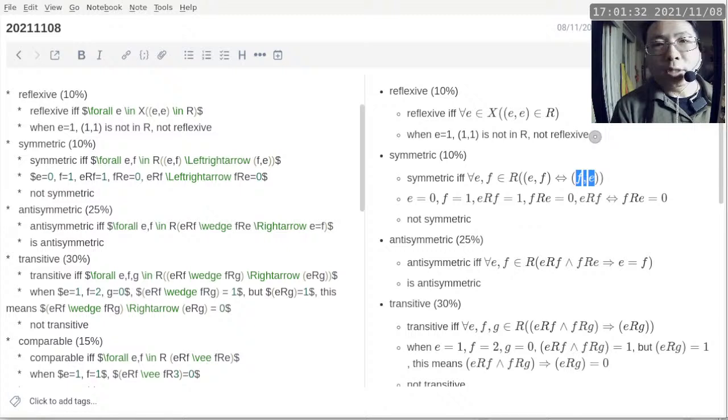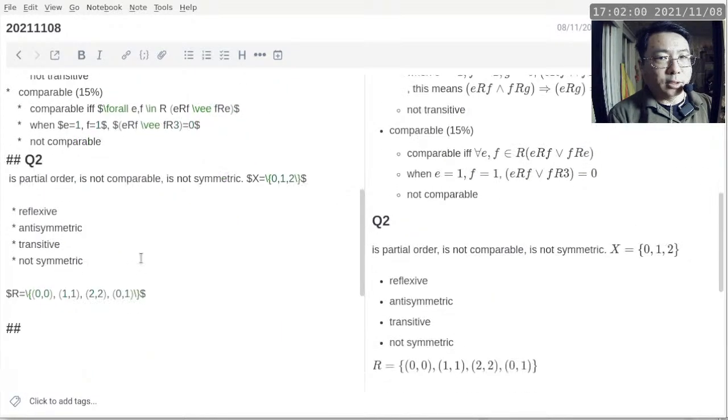So we just have to pick something where one side is true but the other one is false, and I just so happened to choose E being 0 and F being 1, and that's about it. But it all depends on the definition of if and only if, and that is the key to understand how to just add one element in order for it not to be symmetric.